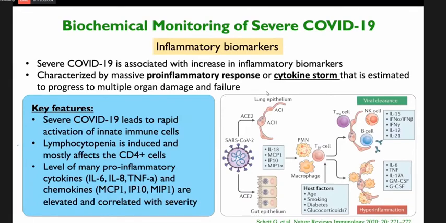The increased levels of these cytokines are correlated with the severity of the disease and significantly associated with mortality.